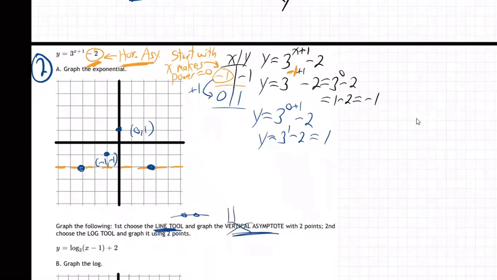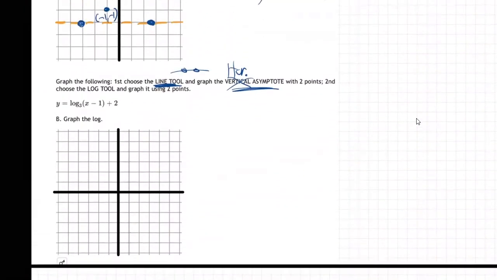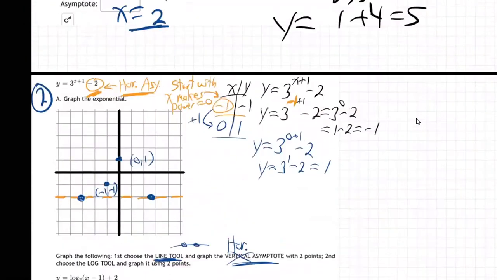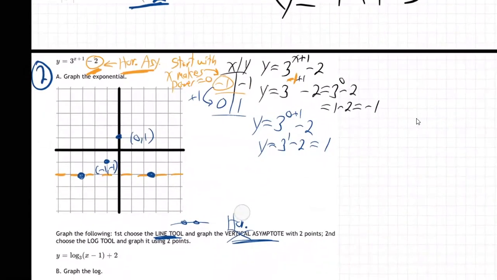That's a mistake. It should say horizontal. For the next one, it'll be vertical. Oh no, I'm getting confused. I'm not sure. Let me see. It will be vertical for the next part. Let me go see what they have. So I'm going to go check.